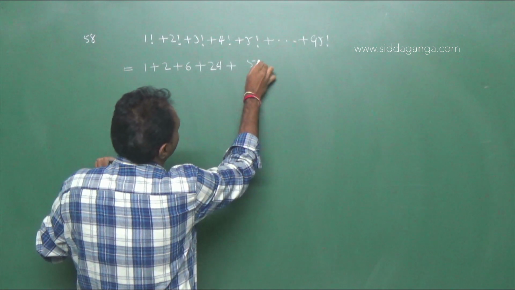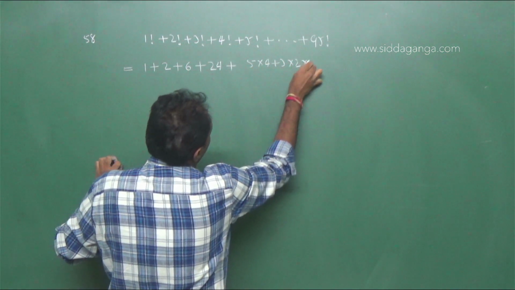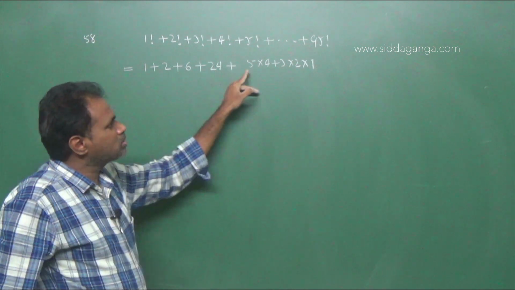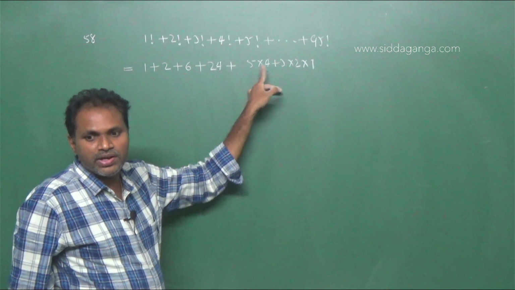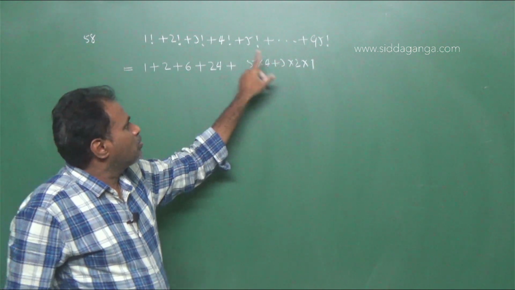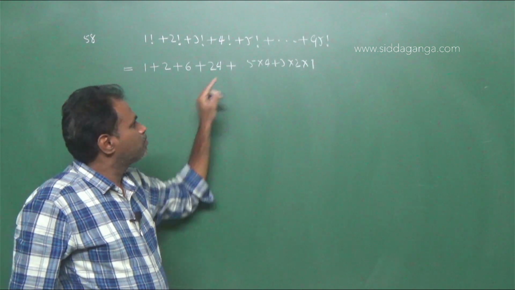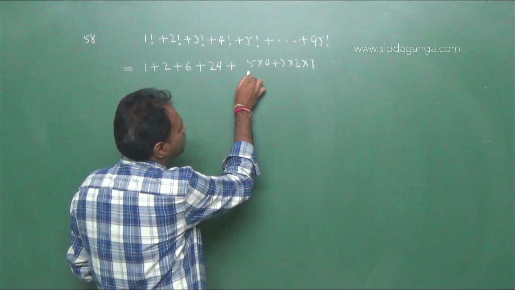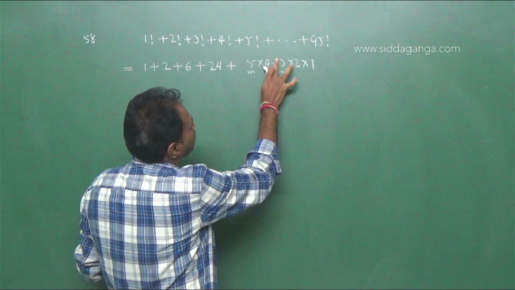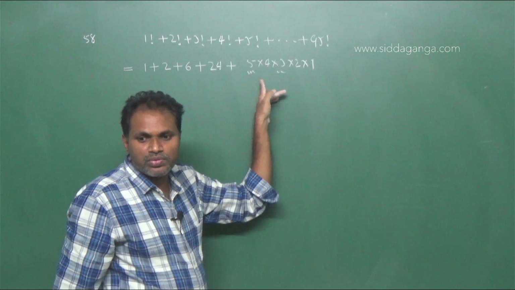If we observe this 5 factorial, 5 into 3, 15. Therefore, from 5 factorial onwards, in every term, 15 you will get. In 5 factorial, 15 is there.